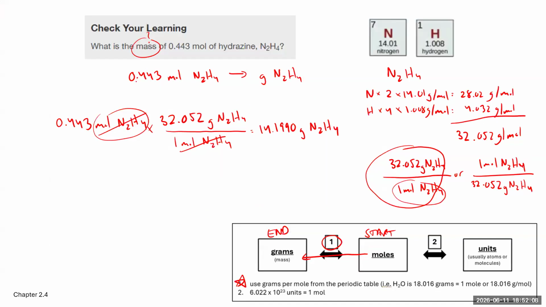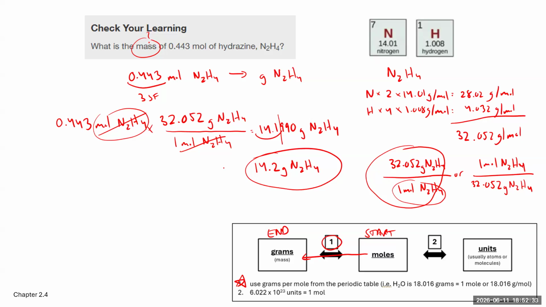Okay, cool. So I got here, it's 3 significant figures. Here is 3 significant figures, so it becomes 14.2 grams of N2H4. Okay. All right, close to getting done here.